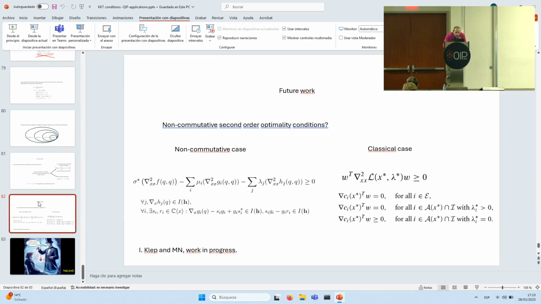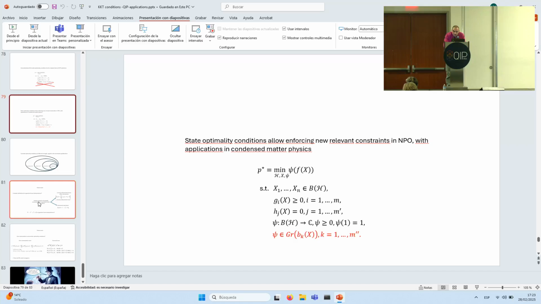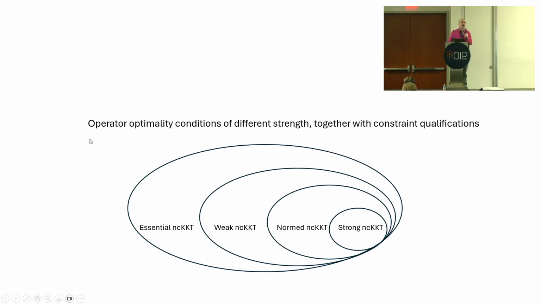Here? Yeah, the Venn diagram. Yeah, this one. It's not very clear from here, probably. I was just looking at what each of those meant. So that's strong and normed. Yeah, this represents the set of problems that satisfy each condition. And this is really everything. All problems satisfy this condition, and this is really, really exclusive.